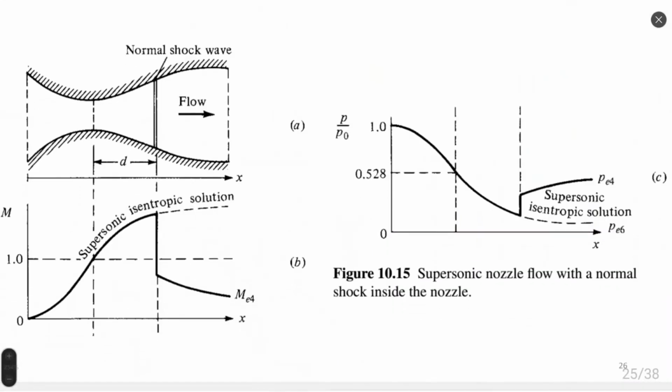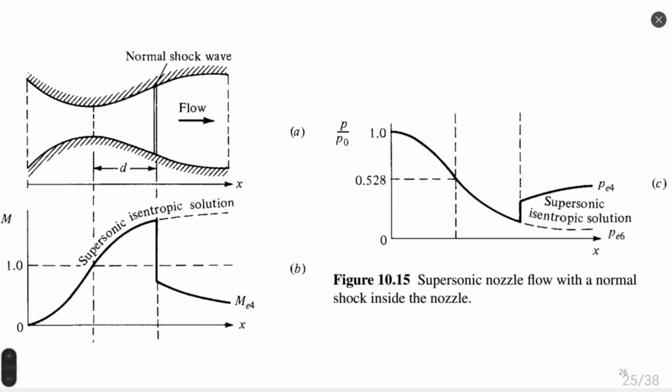Flow case when the pressure gradient is not enough for continuous acceleration results in a natural process of formation of a normal shock wave inside the nozzle. This normal shock wave may appear when the pressure gradient is not sufficient.